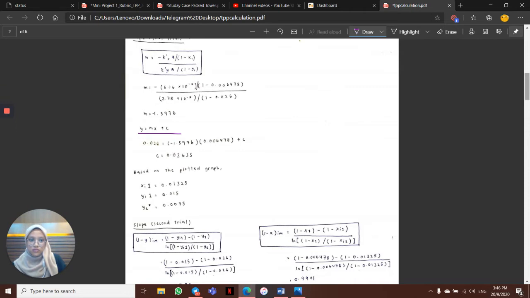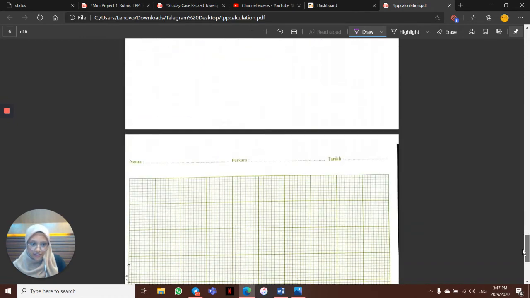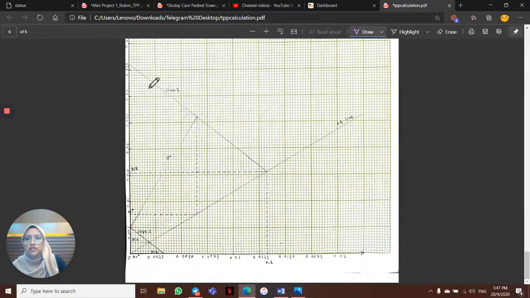Based on the plotted graph, how do we find the xi1, yi1 and y1 star? In the graph, this is your operating line, and this is your equilibrium line.